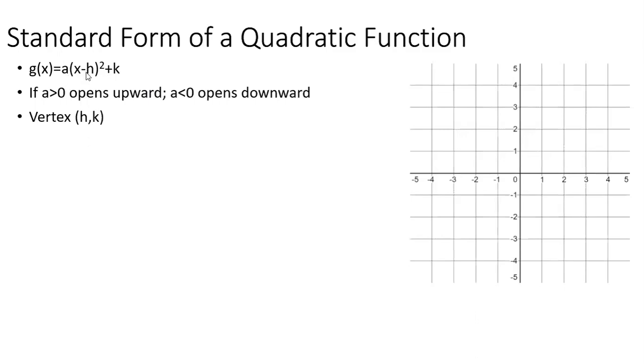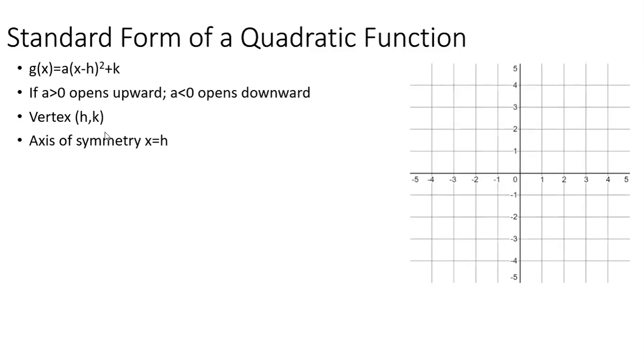Our vertex, well, we've shifted our x squared to (h, k). Just from transformations, if we have x minus h squared, that means we shift it to the right, we shift it to h, and then k is moving it up or down. So our vertex is (h, k) when we have it in this standard format.